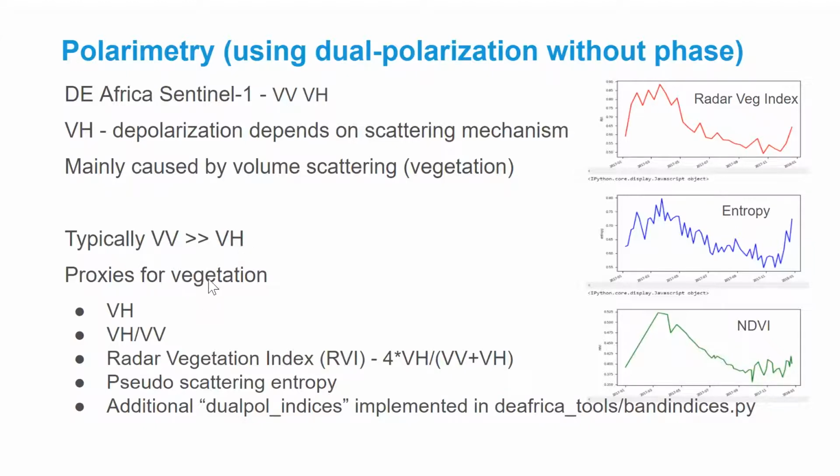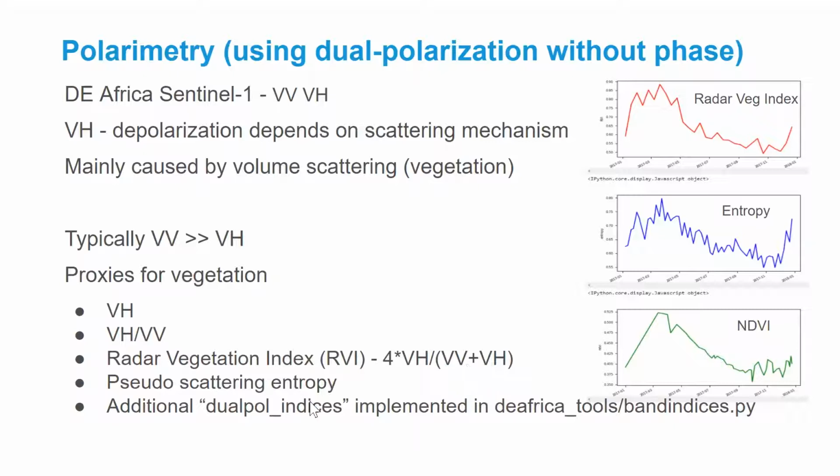So this also means that over vegetation, the amount of leaf structure can be approximately measured by just the VH backscatter, or if you want to be more accurate, you can do a lot of different things to try to understand the relationship. It could be the ratio, it could be the radar vegetation index, which is really just measuring the VH signal relative to the strength of both the VV and VH.